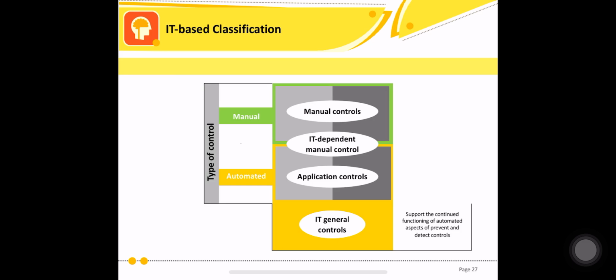Alalahanin mo yun. Ano rito yung application control? So from that, maeeliminate mo siya. Yun yung pinakamadali to identify. As long as it's automated, it's within the system, it's within the application, most likely application control yun. So yung matitira, yung kinda weird, and yung naiiba talaga, then yun yung ITGC naman, on the other hand.